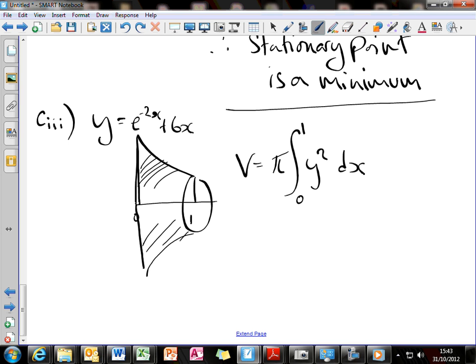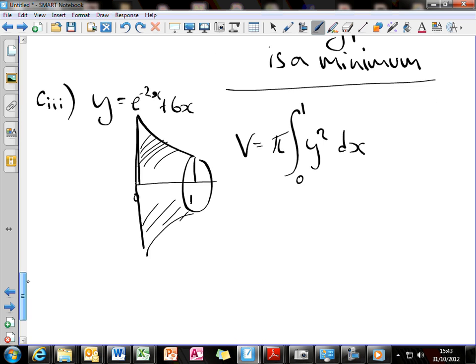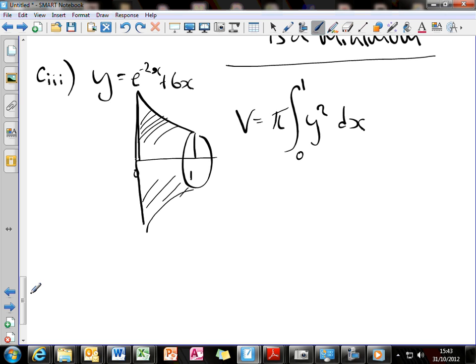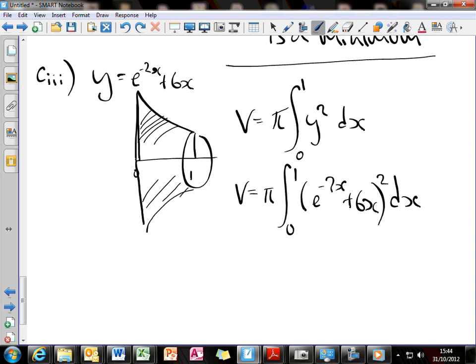This is going to tell us the volume of the shape that's formed. y in this case is e^(-2x) + 6x, squared. So the volume is π times the integral from 0 to 1 of (e^(-2x) + 6x) all squared dx.